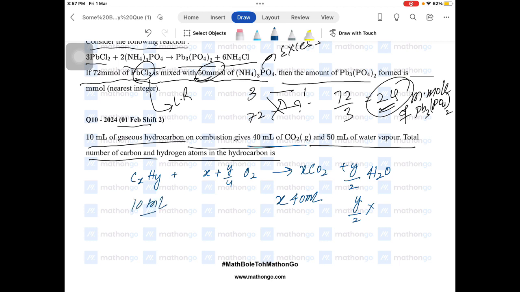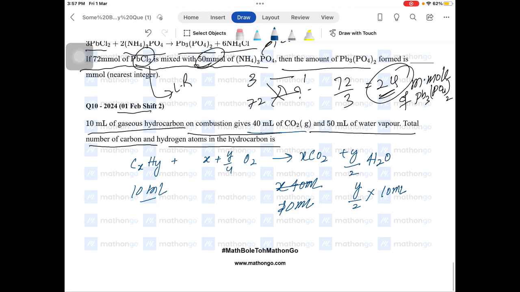Now it is y by 2 into 10 ml of hydrocarbon. 10 ml will give 10 ml of carbon dioxide and y by 2 into 10 ml of water. So here carbon dioxide is 40 ml, they have given 40 ml. 10 ml will give 10 ml, but 40 ml means here 4 moles. So the x value is 4, the carbon value is 4.